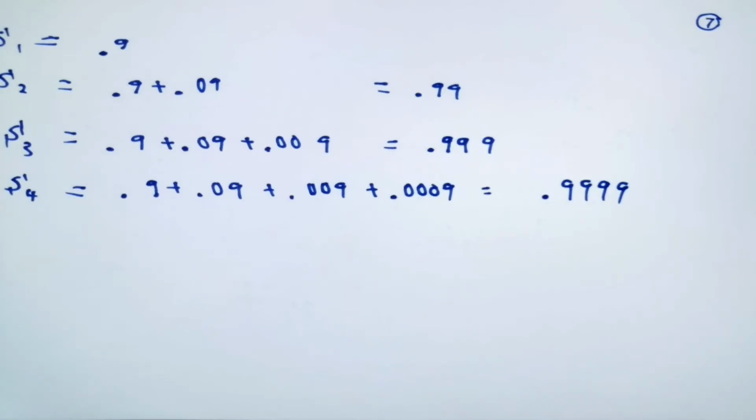As another example, let's think about these partial sums. 0.9, 0.9 plus 0.09, 0.9 plus 0.09 plus 0.009, 0.9 plus 0.09 plus 0.009 plus 0.0009. The first one is 0.9.